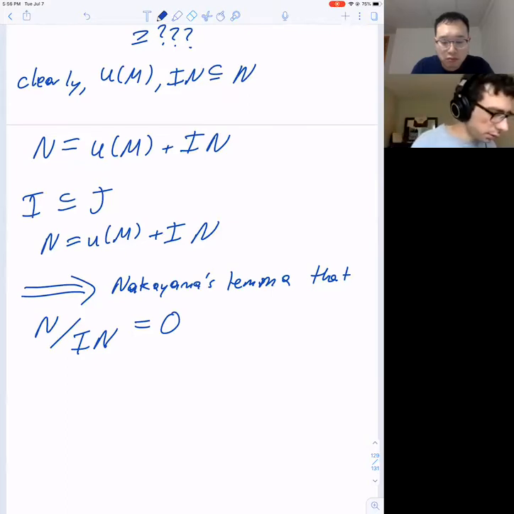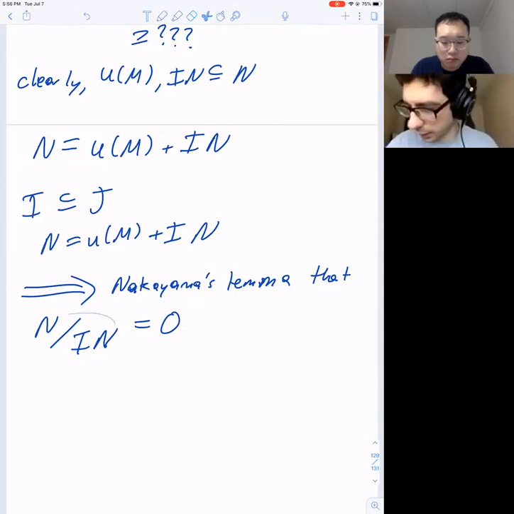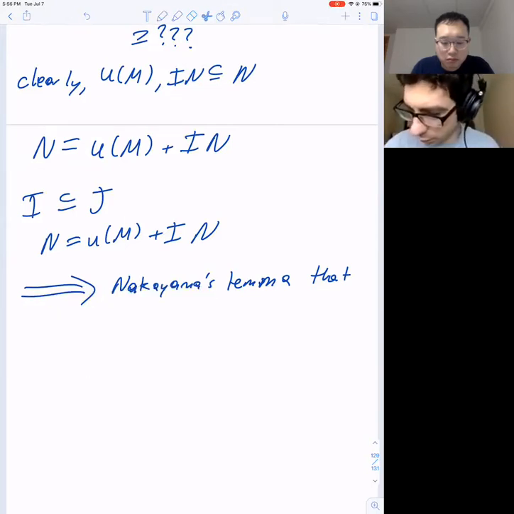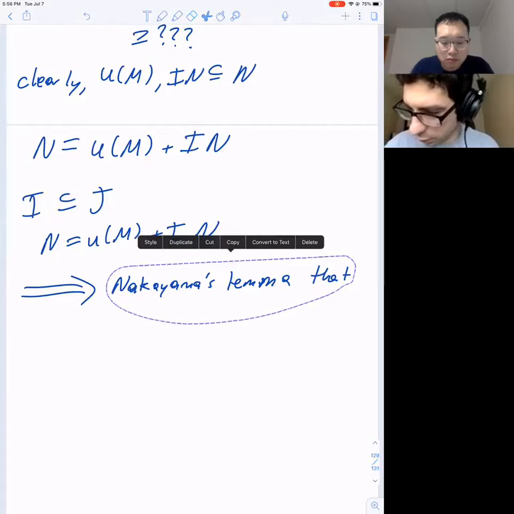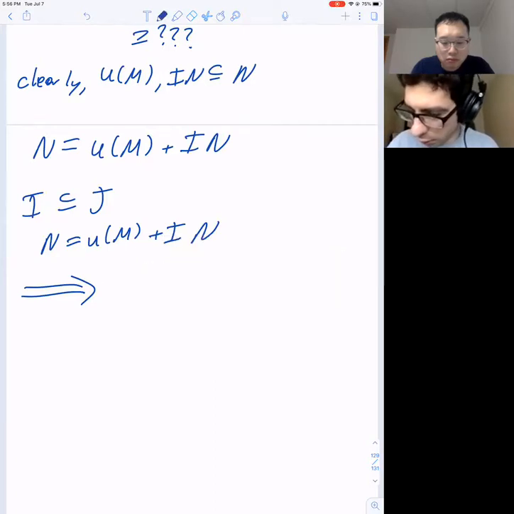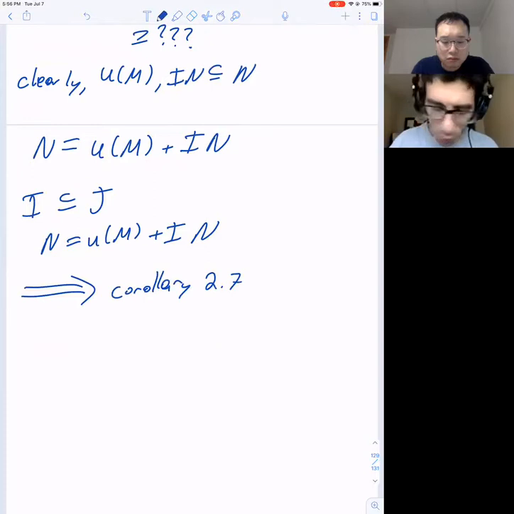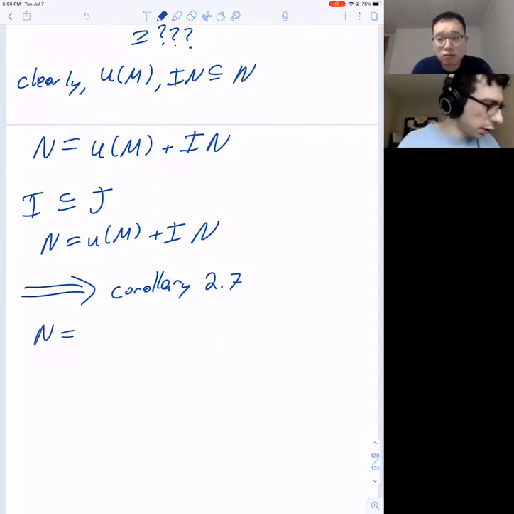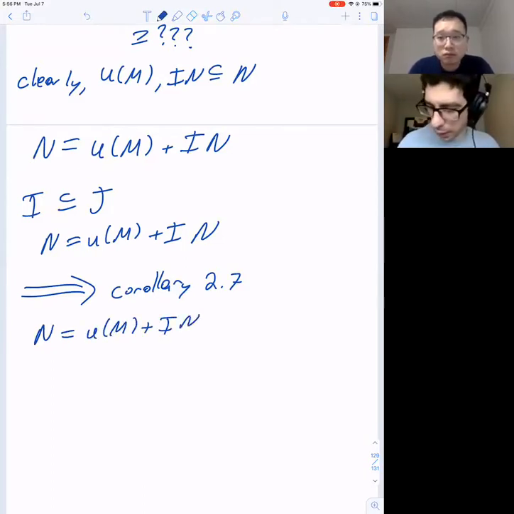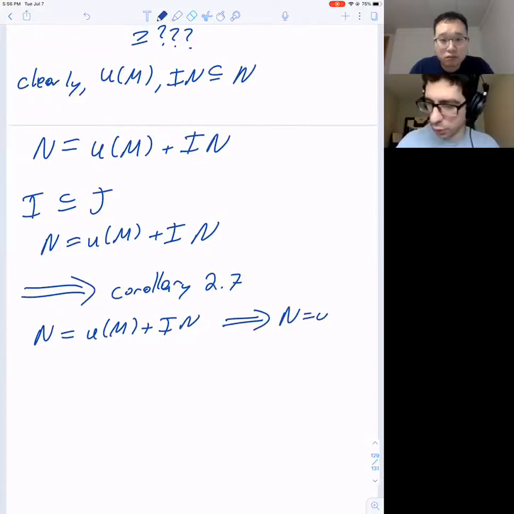Sorry, one second. So this is precisely, if you apply corollary 2.7, this is precisely what it means that N equals U of M plus IN implies N equals U of M. That's precisely what it means.